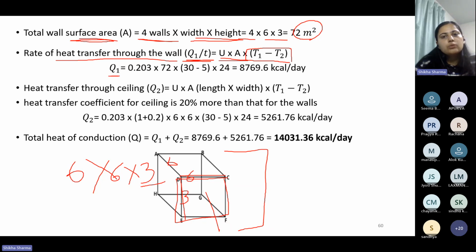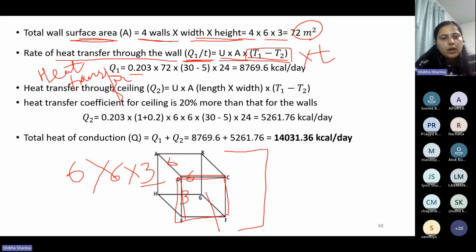But we need to just calculate heat transfer, not rate now. So heat transfer will be Q1 equals UA into thermal gradient, and now time will come to this side in multiplication.